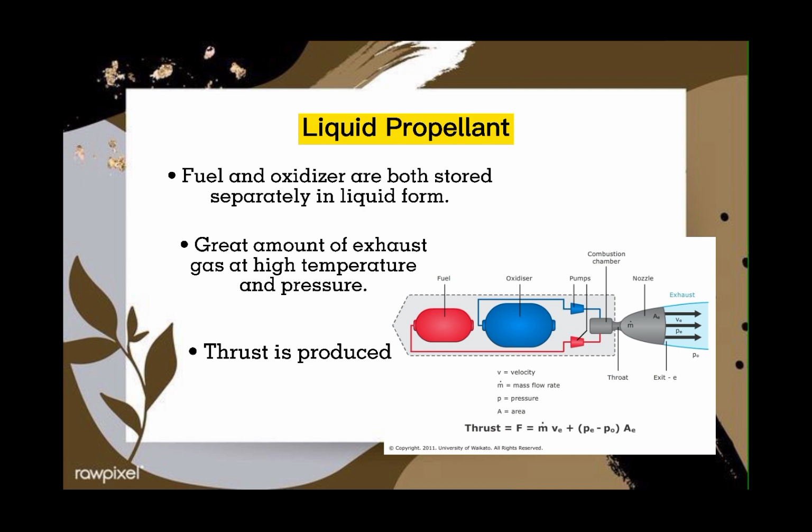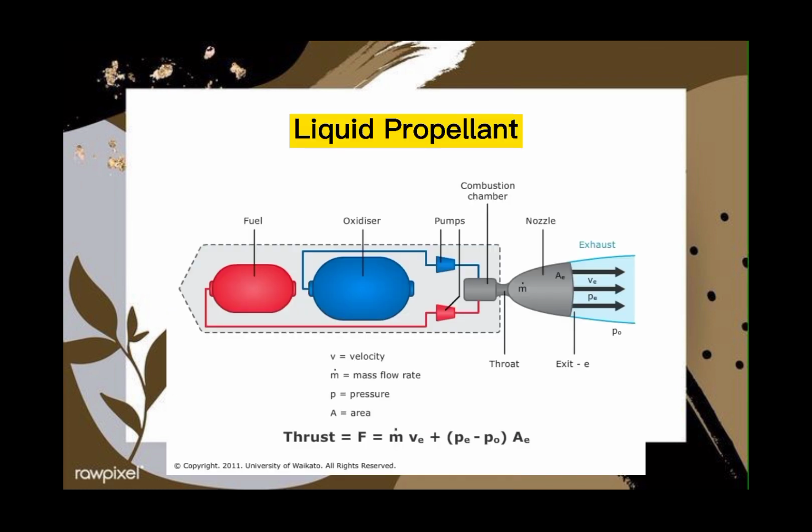The hot exhaust is passed through a nozzle which accelerates the flow, and the thrust is produced according to Newton's third law of motion. The amount of thrust produced by the rocket depends on the mass flow rate through the engine, the exit velocity of the exhaust, and the pressure at the nozzle exit.